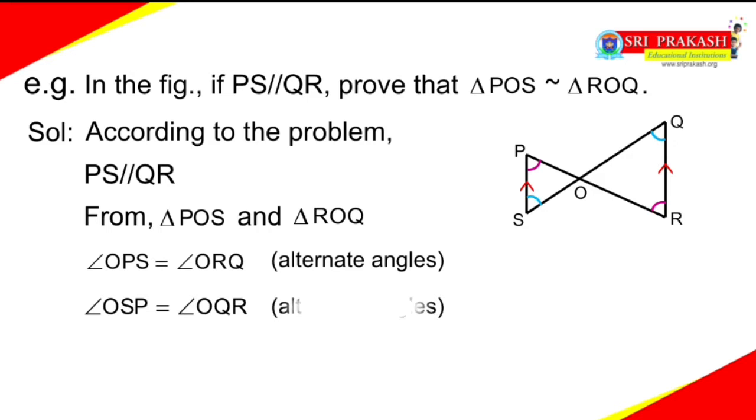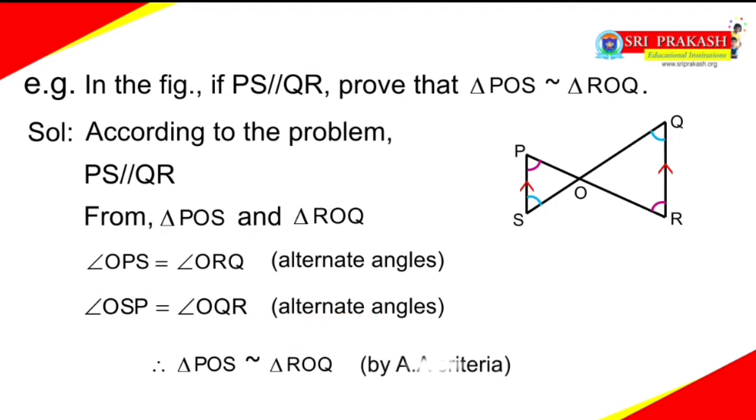These are also a pair of alternate interior angles for the parallel lines PS and QR. Therefore, triangle POS is similar to triangle ROQ by AA criteria. Hence, it is proved.